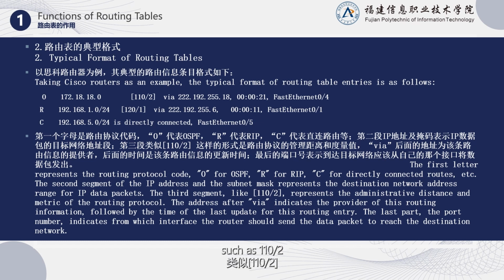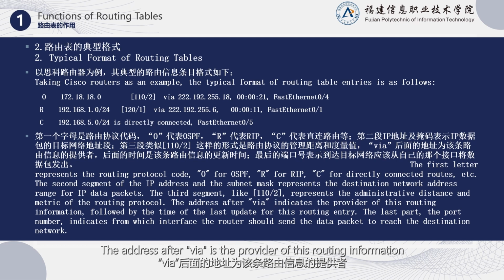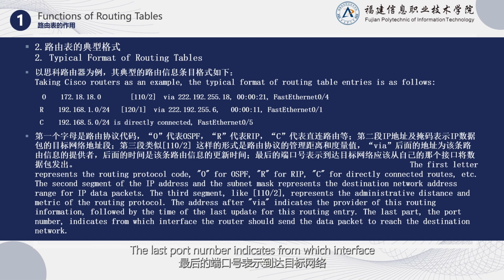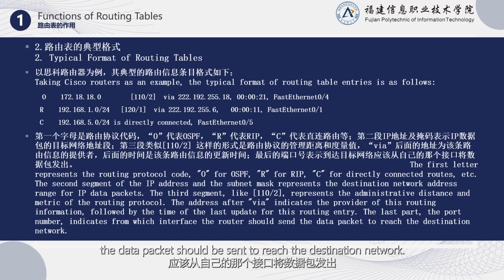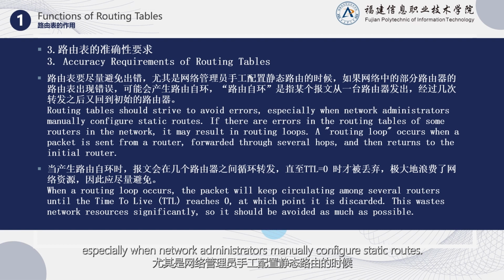The third segment, such as 110/2, represents the administrative distance and metric value of the routing protocol. The address after VIA is the provider of this routing information, and the time afterward is the update time of this routing information. The last port number indicates from which interface the data packet should be sent to reach the destination network.